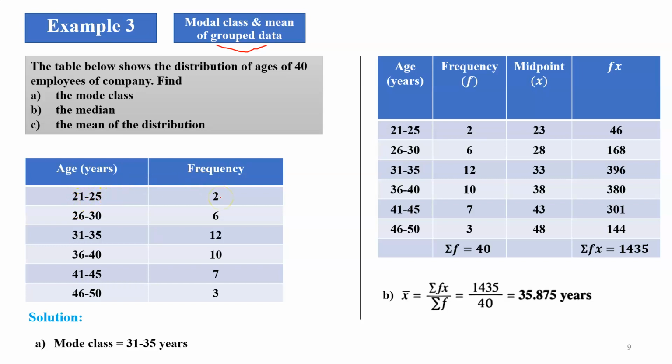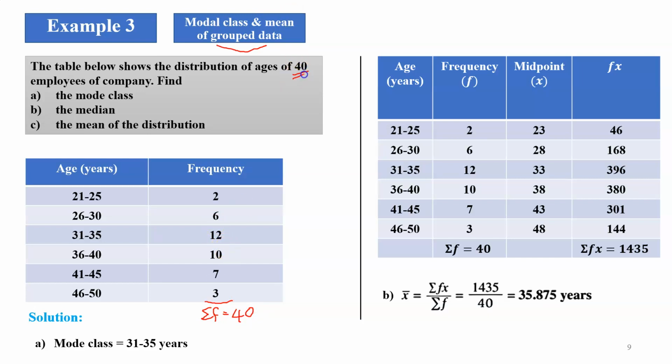There are 2 persons with this age. And then 26 until 30 ada 6 orang. And then 46 until 50 ada 3 orang. The summation of this frequency, hasil tambah untuk kekerapan, you will get 40.